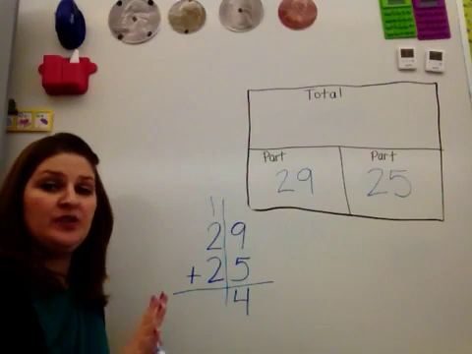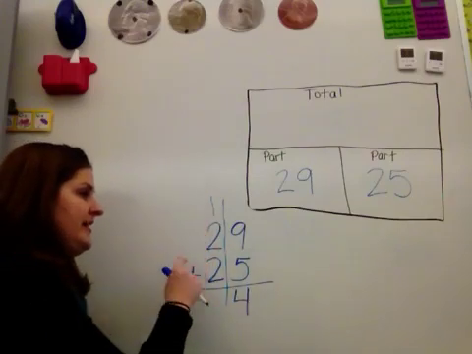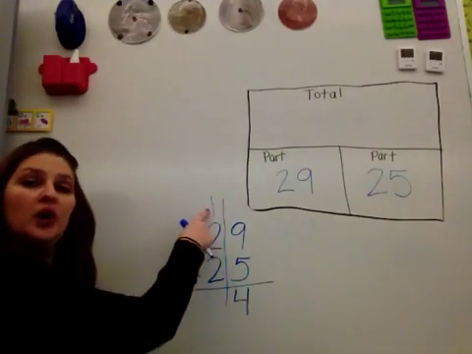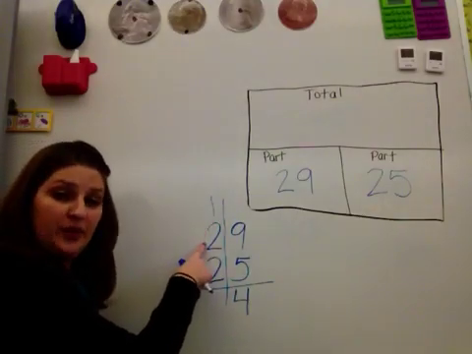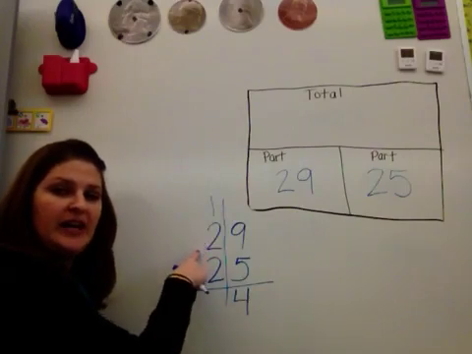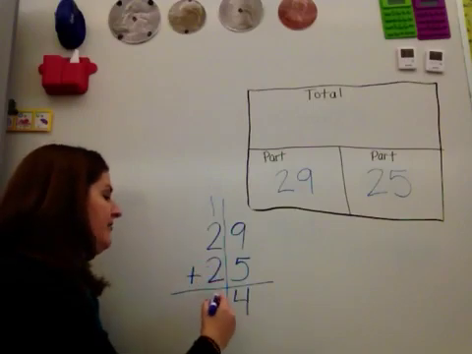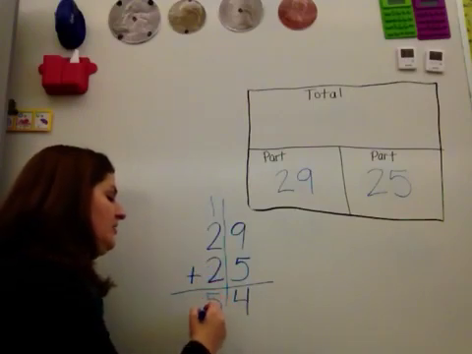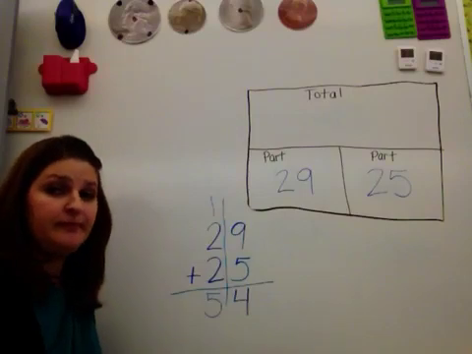Now, do not forget to add all 3 of these numbers. So if you do 1 plus 2, you're going to get 3, and then 3 plus 2 more is 5. So your answer is 54.